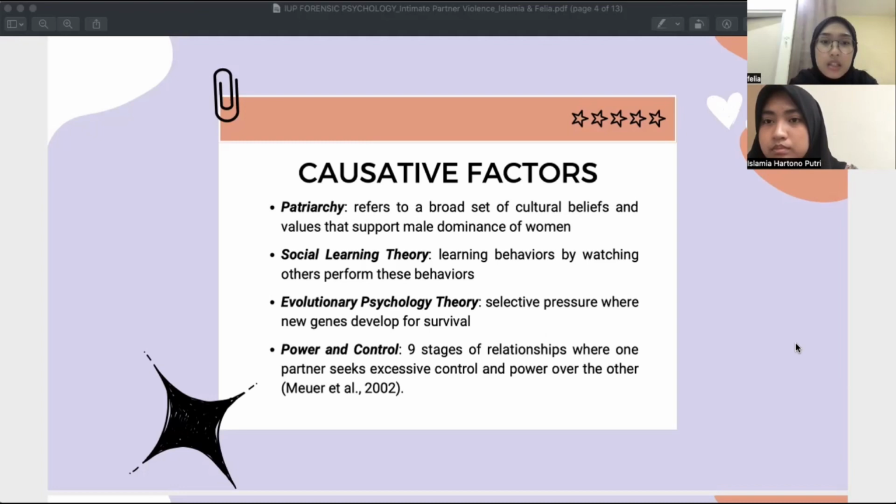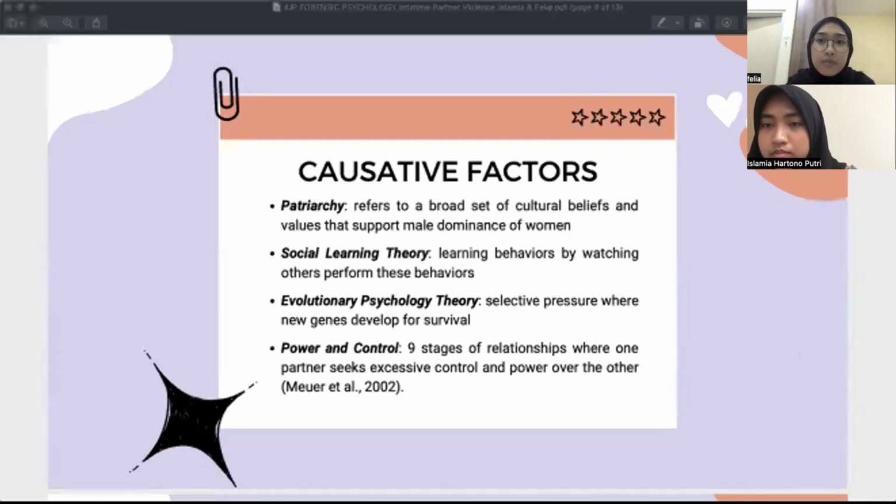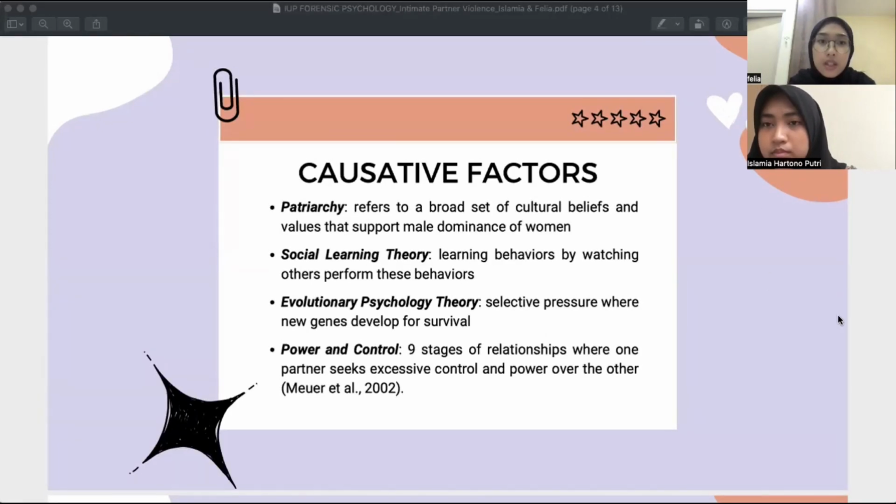And lastly, there is the power and control theory, which describes nine stages of relationships where one partner seeks excessive control and power over the other. This was founded by Mir et al. in 2022.